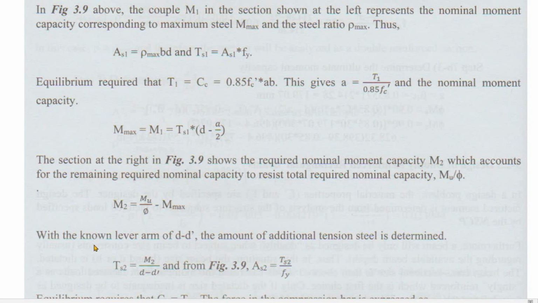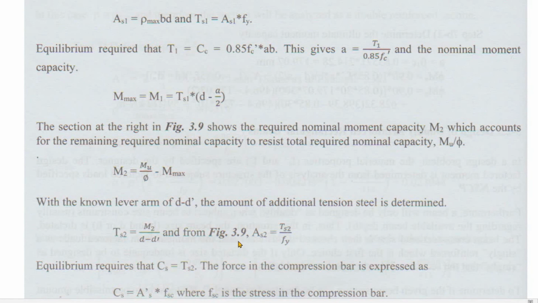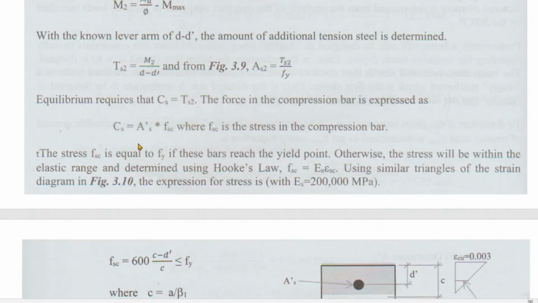Okay? With the known lever arm of d minus d prime, the amount of additional tension steel is determined. So, TS2 is equal to M2 all over (d minus d prime). And from figure 3.9, AS2 is equal to TS2 all over Fy. Equilibrium requires that CS, this is the compression steel, is equal to TS2.